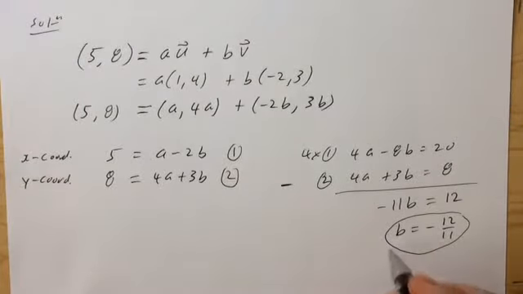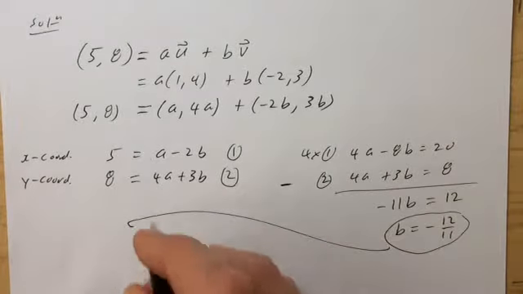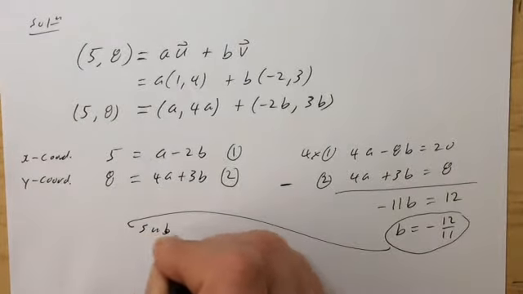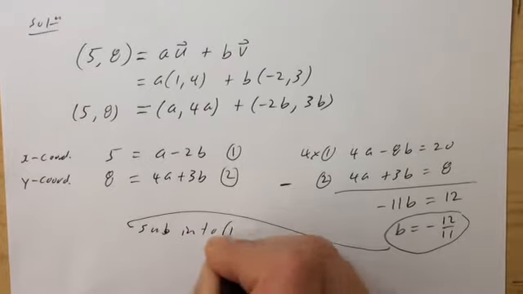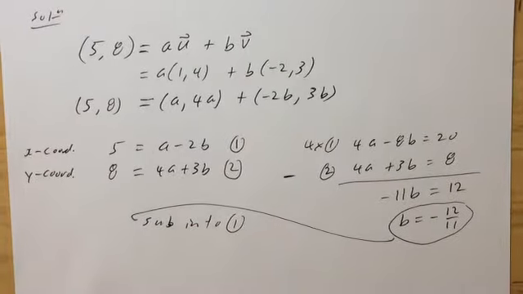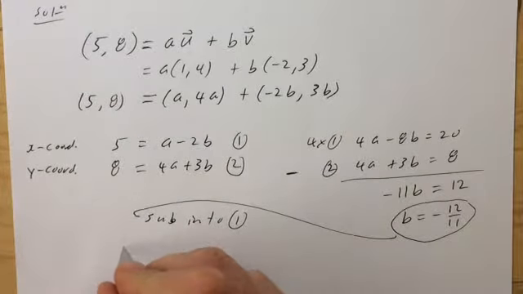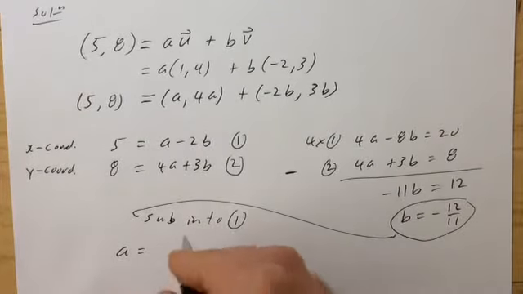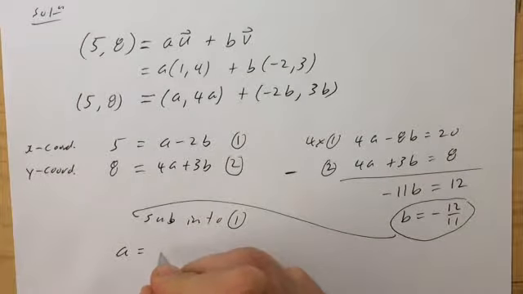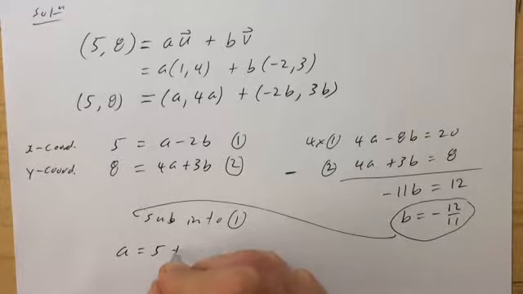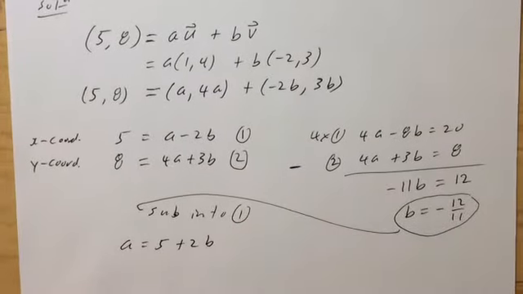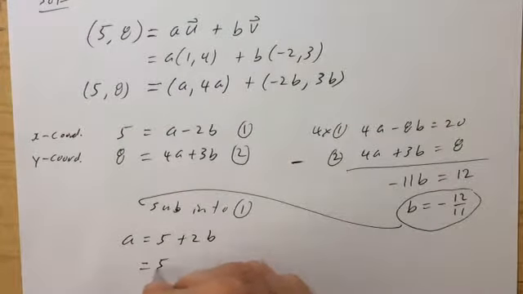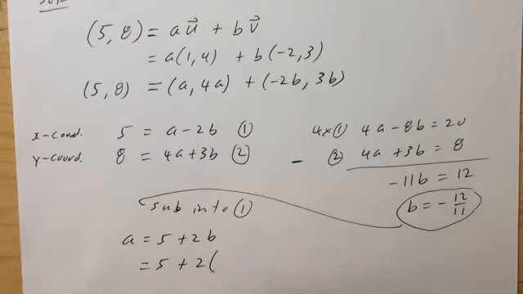Okay, I'm going to take that and I'm going to sub it into number 1. Okay, so number 1 would be then a equals 5 plus 2b, which equals 5 plus 2 times, well, b is negative 12 over 11.